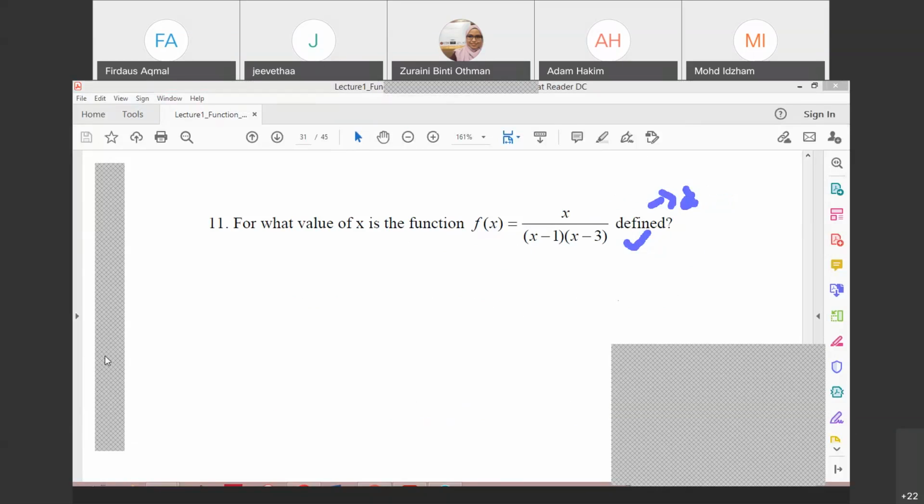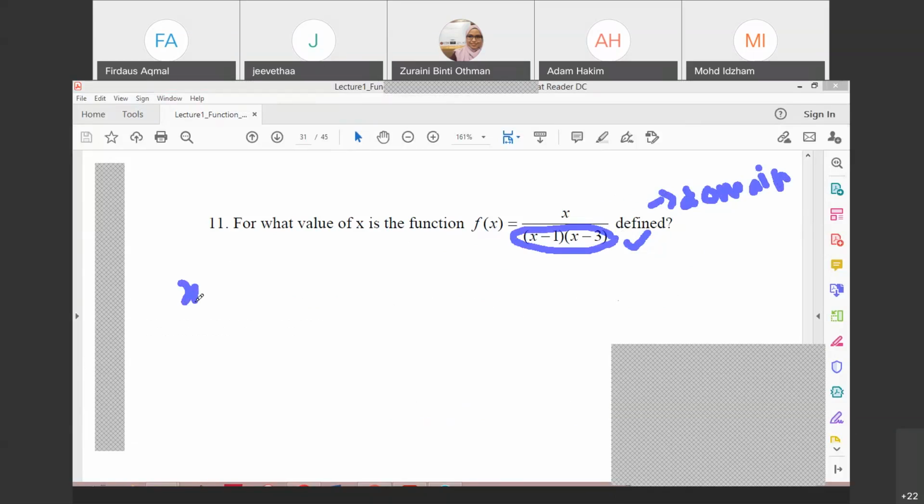Ni dia tanya domain ya. Maksudnya apa domain dia? Kita tengok bentuk dia. Bentuk dia ialah bentuk soalan macam tu, which mean the denominator cannot be equal to 0, right? So this is cannot be equal to 0.